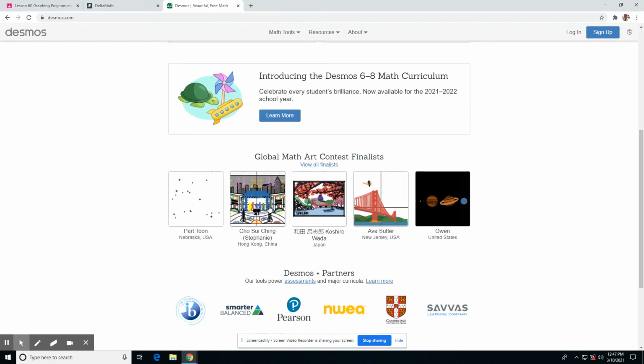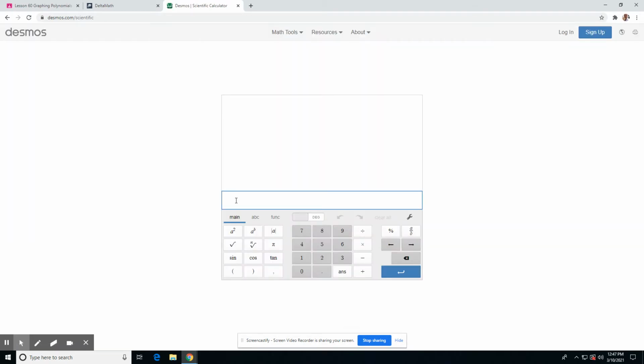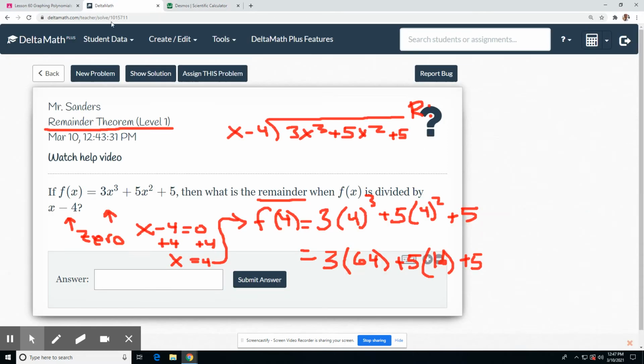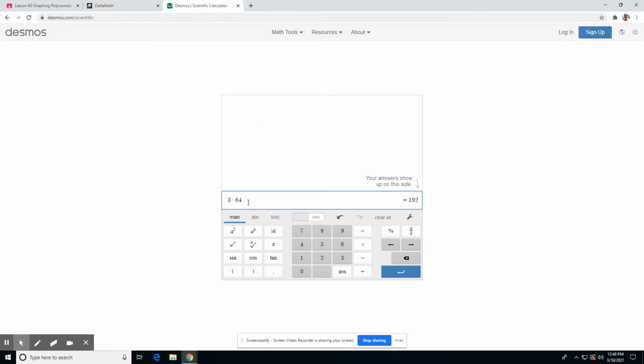Use a calculator. 3 times 64 is 192. Five times 16 is 80.